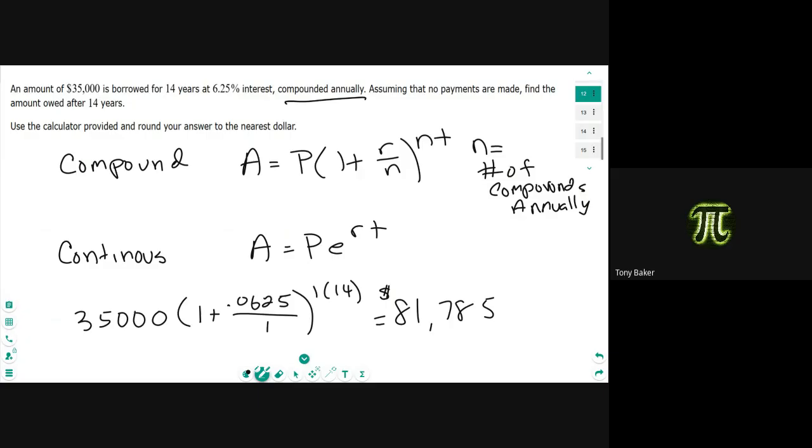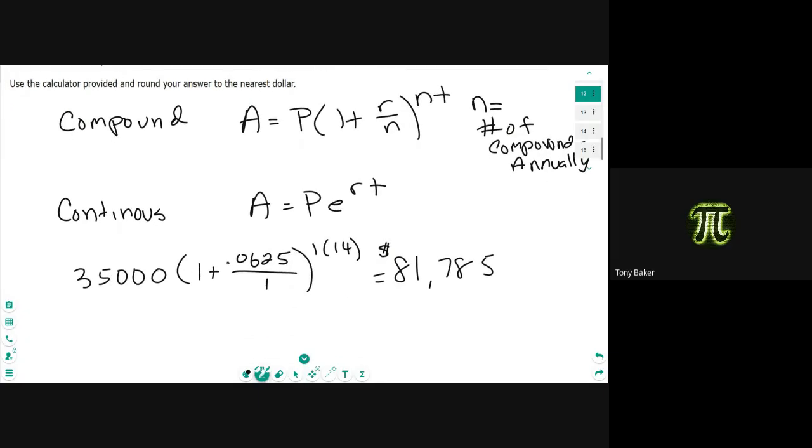And if this was compounding continuously, which it's not, it would be 35,000 times e to the 0.0625 times 14.